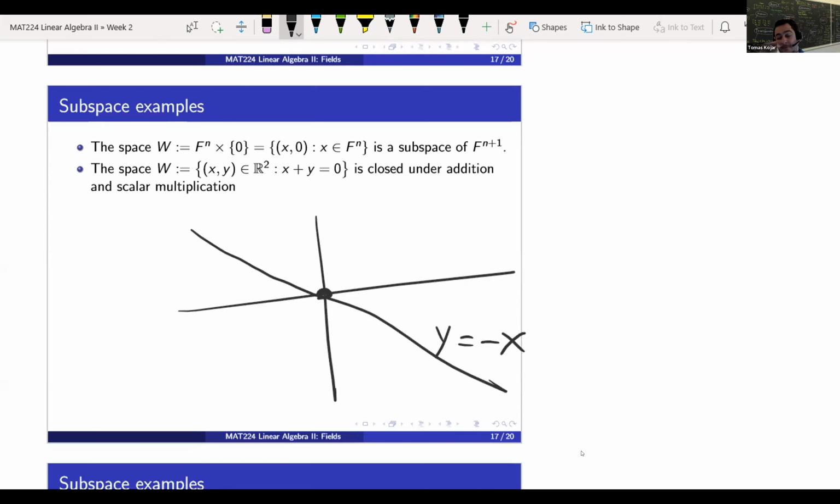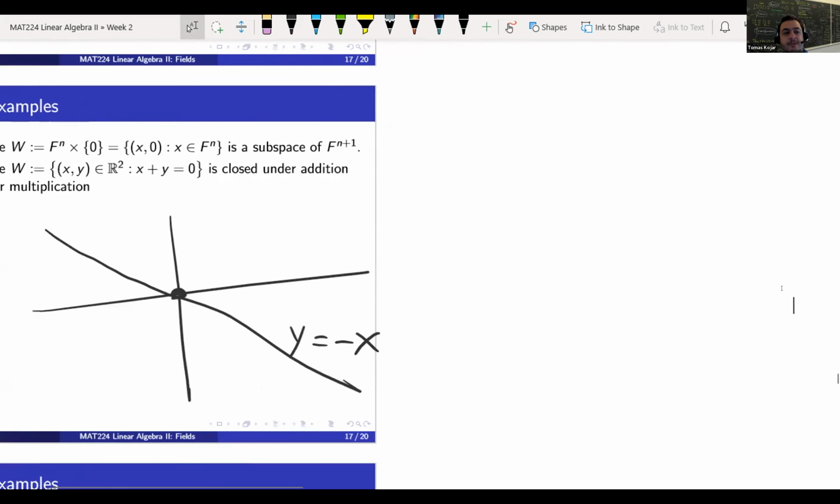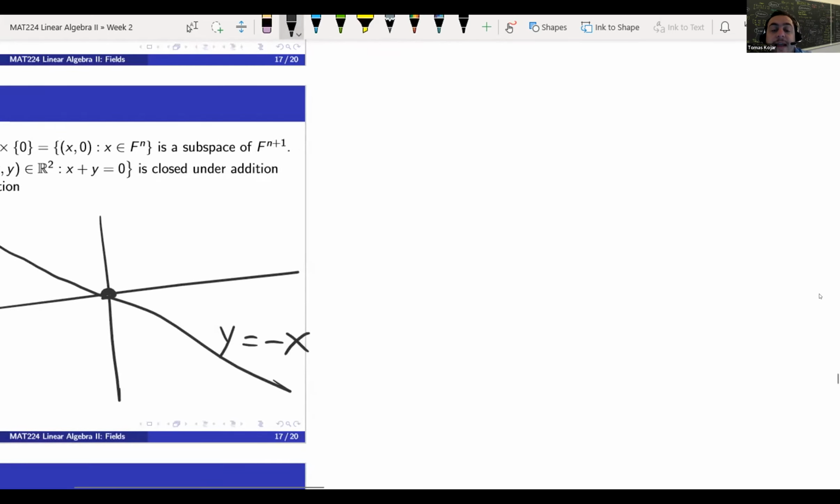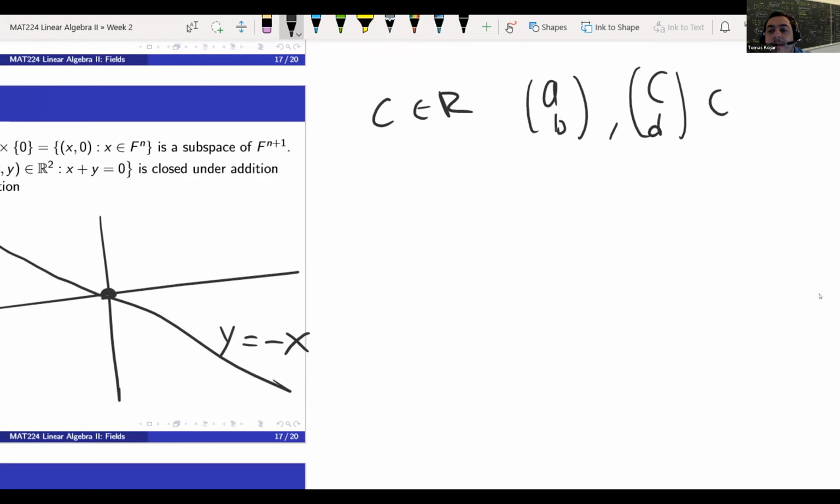All right, so let's show that this is a subspace. So we have to show closure. Okay, let's do that. Take C in the reals and take AB and CD in W. What does that mean?